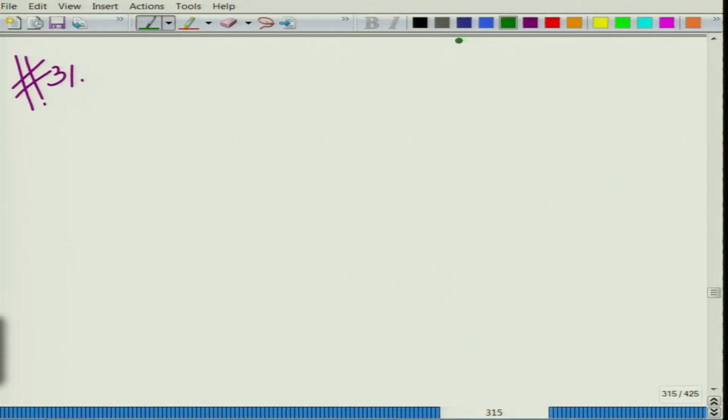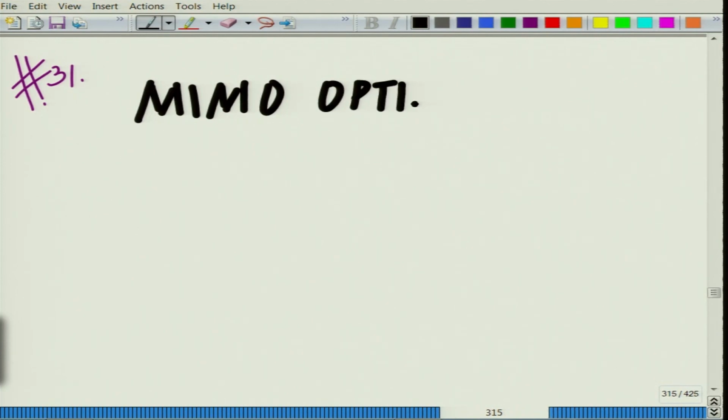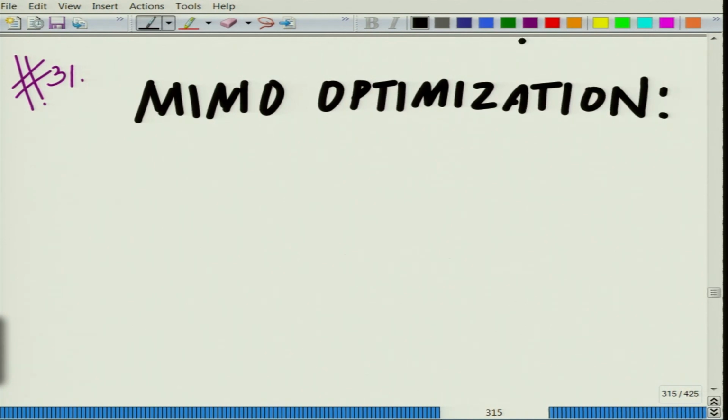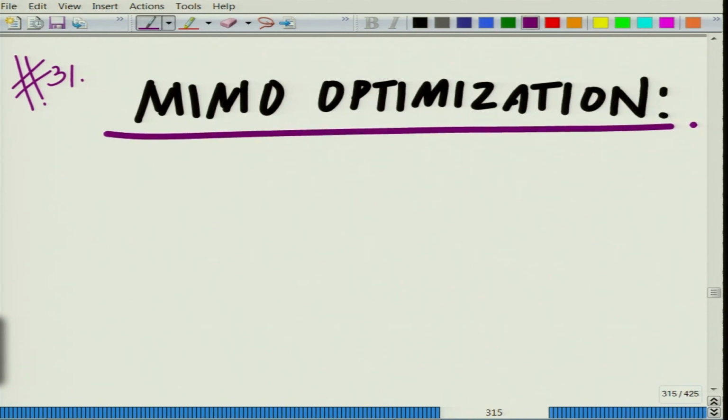So, we want to look at an application of SVD, and more specifically we are looking at how to optimize the performance of the MIMO wireless communication system.